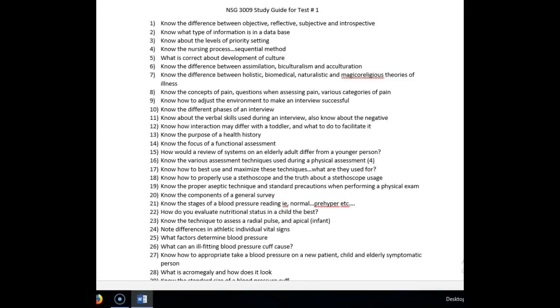Know the different phases of the interview. We already discussed the different phases of the interview. Basically, we talked about that initial phase of the interview where you were collecting the information. We talked about the working phase.